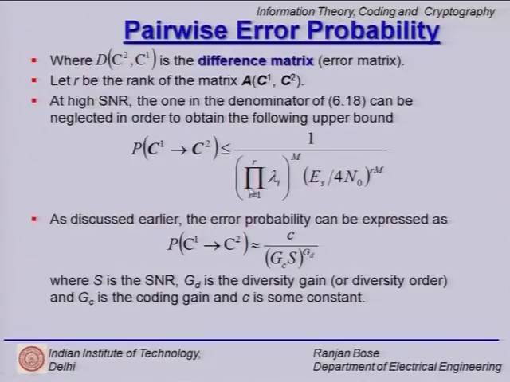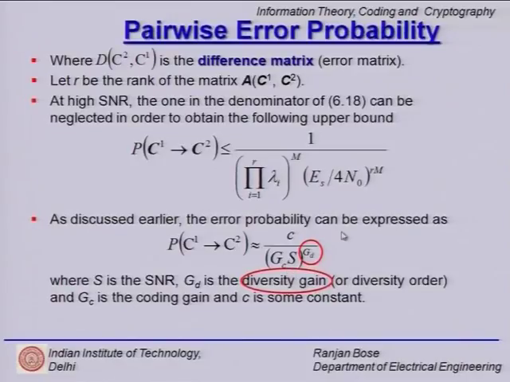If you recall, we had earlier said that the pairwise error probability, if represented in general, is some constant over (GC times S) raised to GD, where GD is the diversity order or the diversity gain, and GC is of course the coding gain.